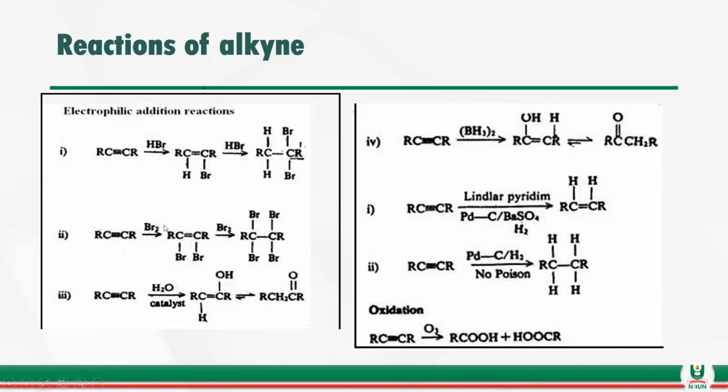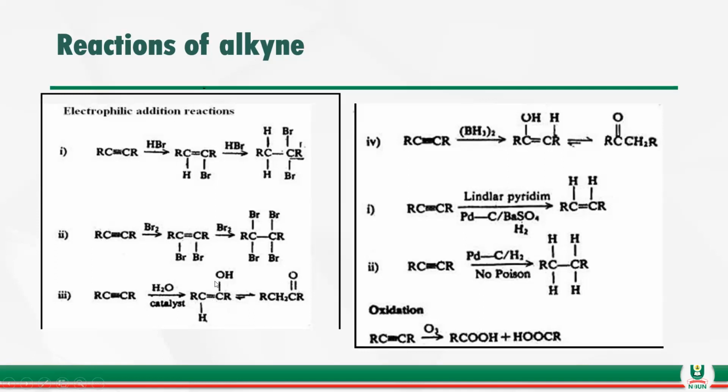Just like alkenes, alkynes can also undergo hydration. However, there is a difference. In hydration of alkene, you got an alcohol. But in the hydration of alkyne, you first of all get an enol. Here we have a carbon-to-carbon double bond, and here an OH.